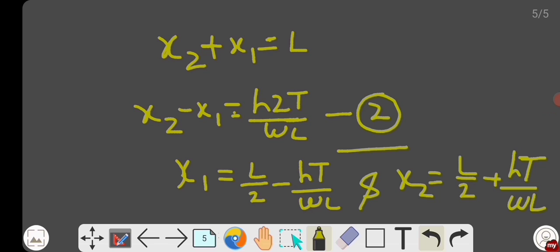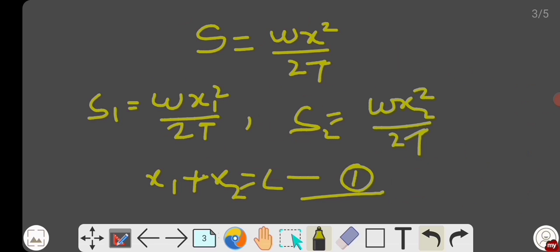Now here we have calculated the values of x1 and x2. After putting the values of x1 and x2 in these two equations, we can get the values of S1 and S2, that is, the values of sag.